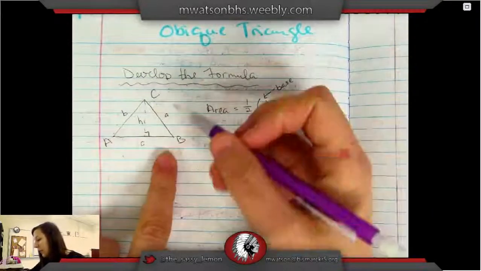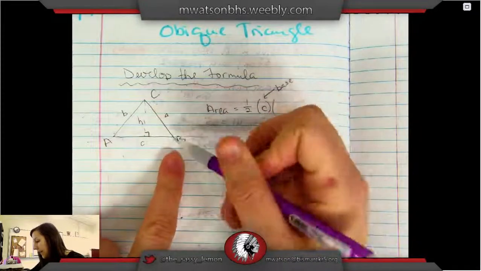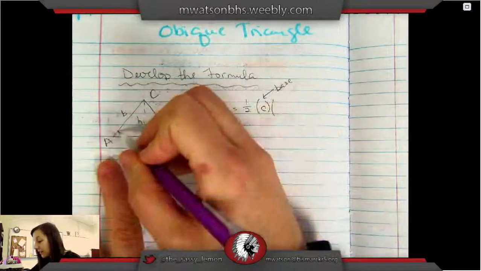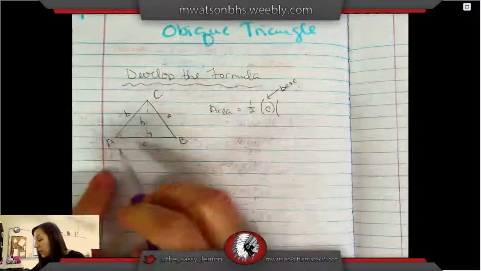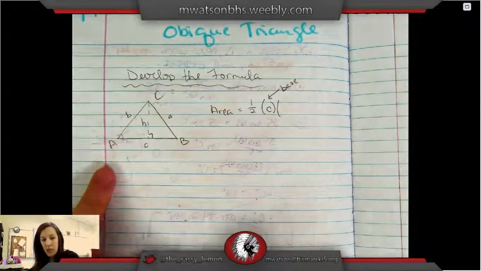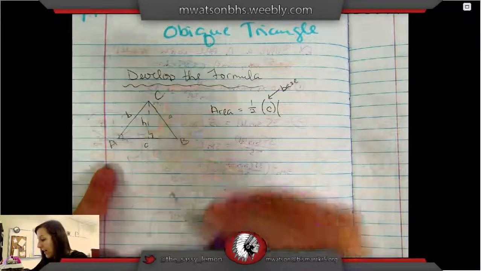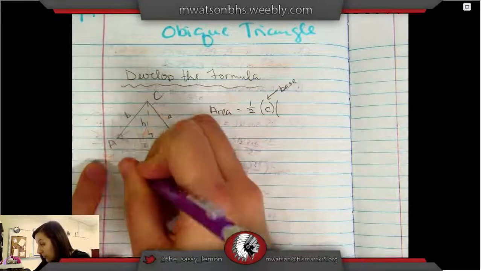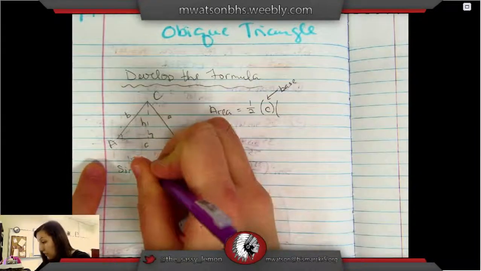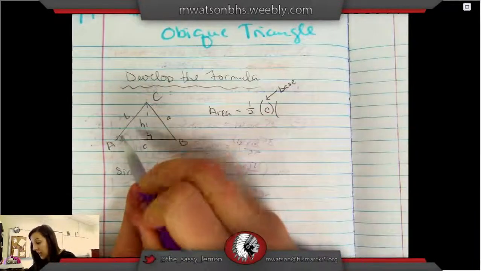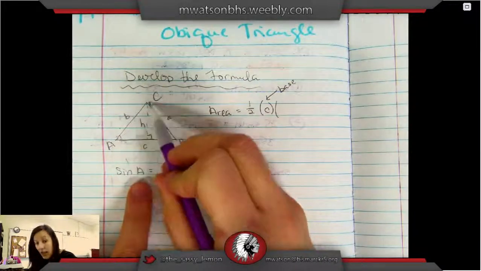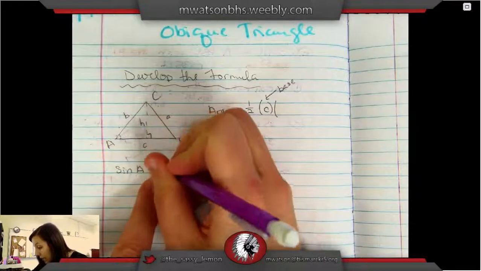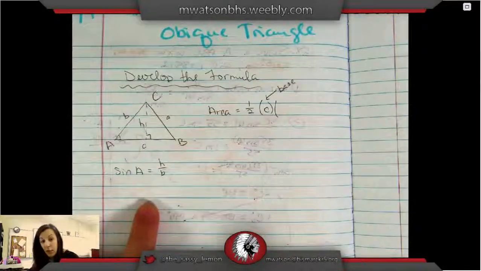Let's take angle A. We can create a little trig equation. We can say that sine of A is equal to the opposite over the hypotenuse. Since this is a right angle, b is the hypotenuse, so we can say h over b. And we can solve for h.